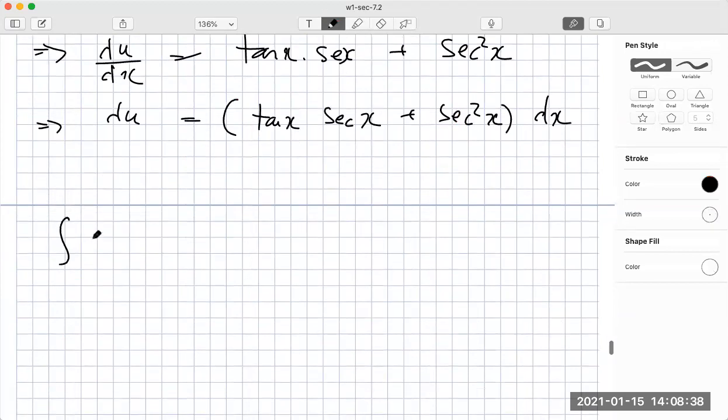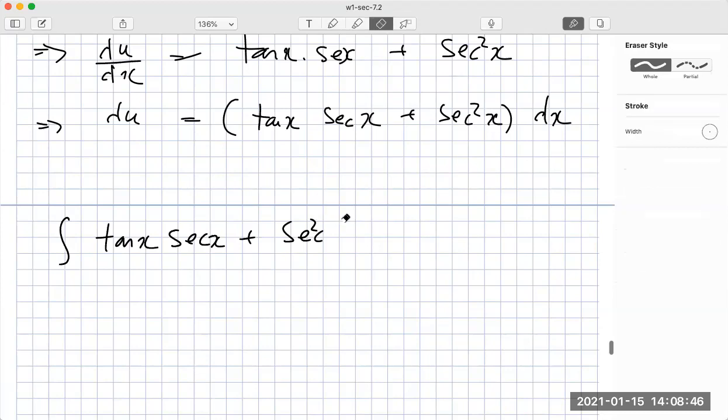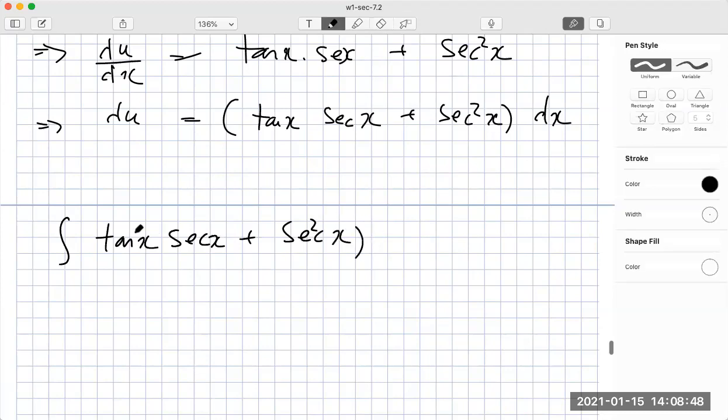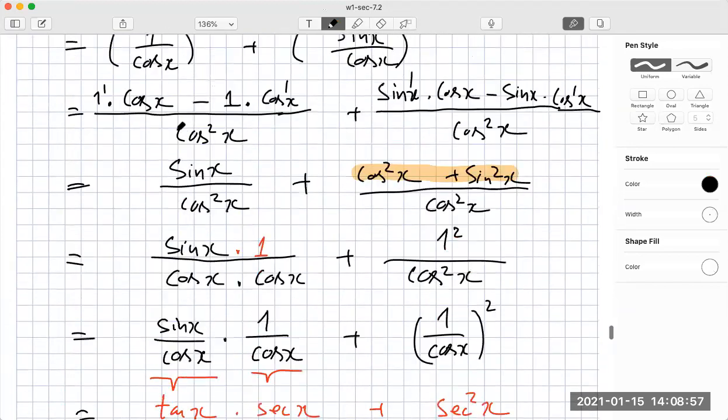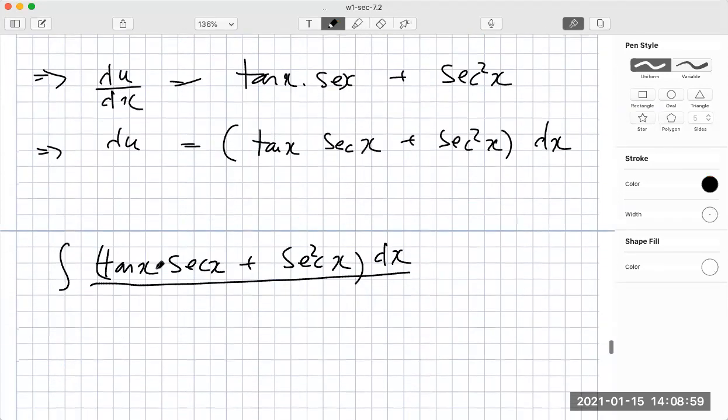Integral of 10x secant x plus secant square x, this is 10 secant plus 10, right?